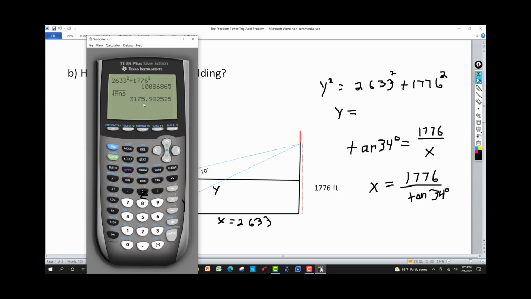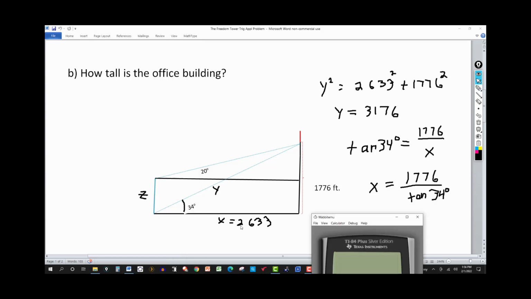So y then, rounded off, should be 3176. Round that off to the nearest foot: 3,176. So we find the first part here, the distance from the office building to the tower is 2633 feet.